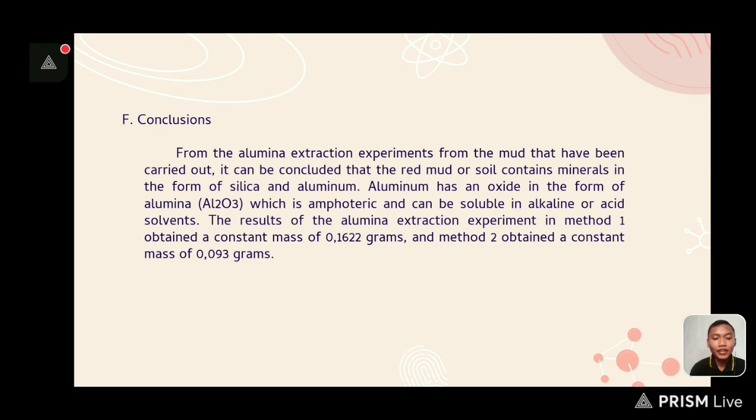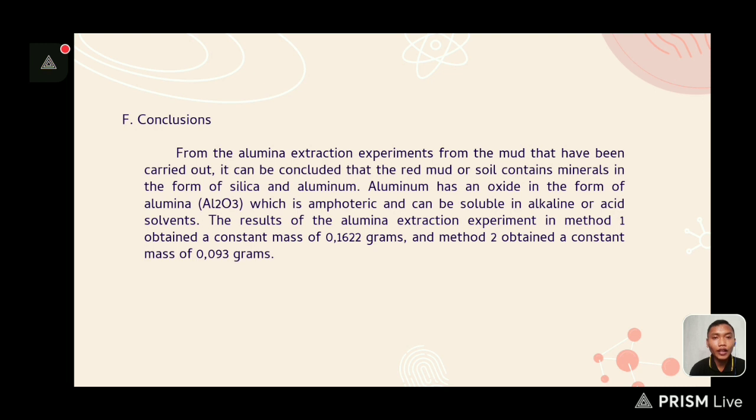From the alumina extraction experiment from the red mud that has been carried out, it can be concluded that the red mud or solid contains minerals in the form of silica and aluminum. Aluminum has an oxide in the form of alumina, Al2O3, which is amphoteric and can be soluble in alkaline or acid solvent.